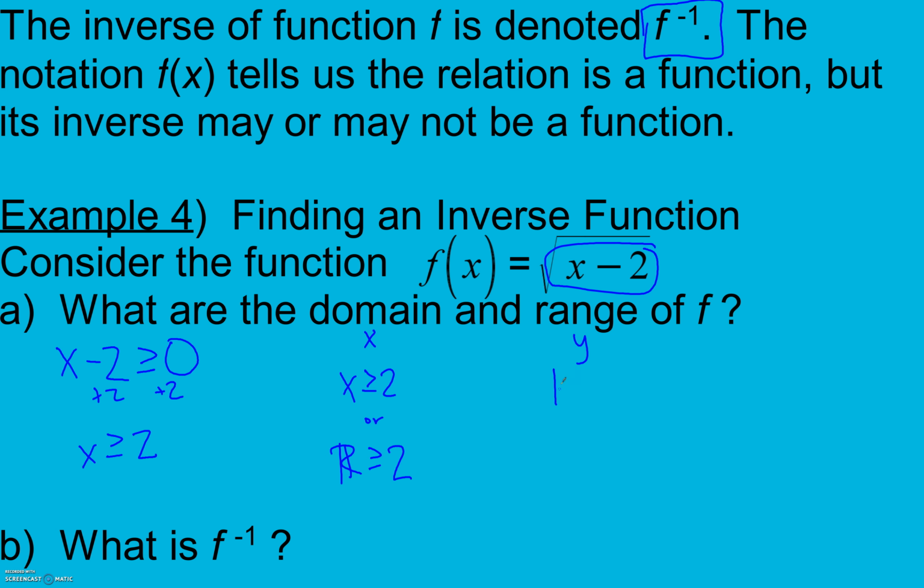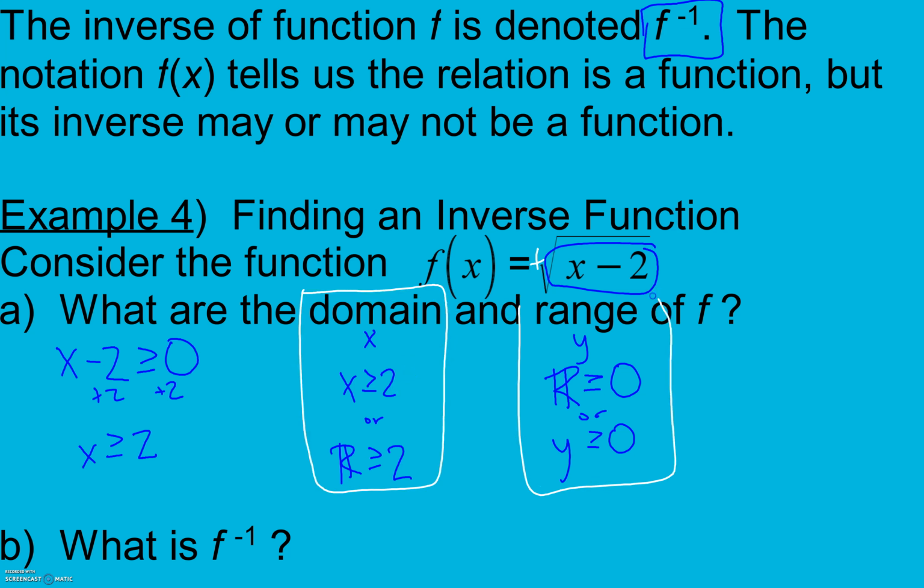So here, all real numbers greater than or equal to 0, or y greater than or equal to 0. And again, that's because we have the positive square root here. So everything that we get is going to be 0 or positive. Domain, range.